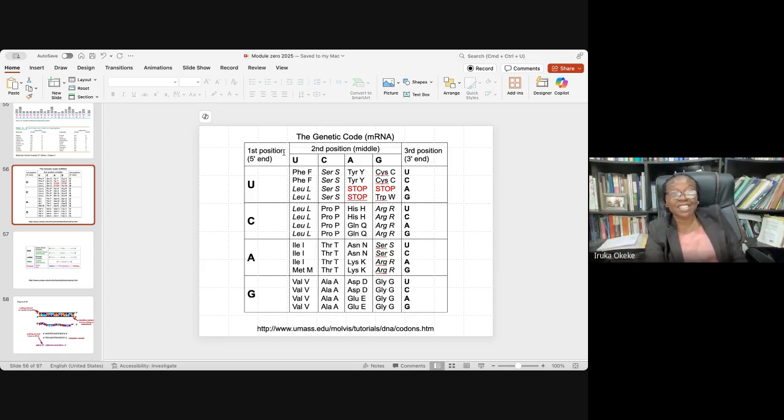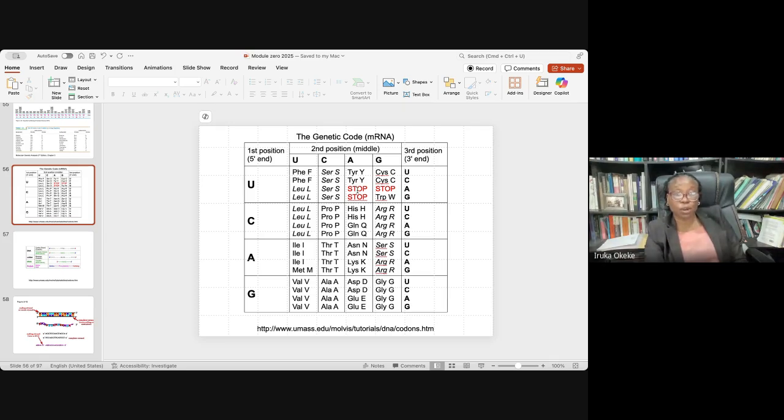Now, if I change the third position, if my stop codon was UAG and I change it to UAA, I still get a stop. There's no consequence. But if I change it to UAC, I get a tyrosine.